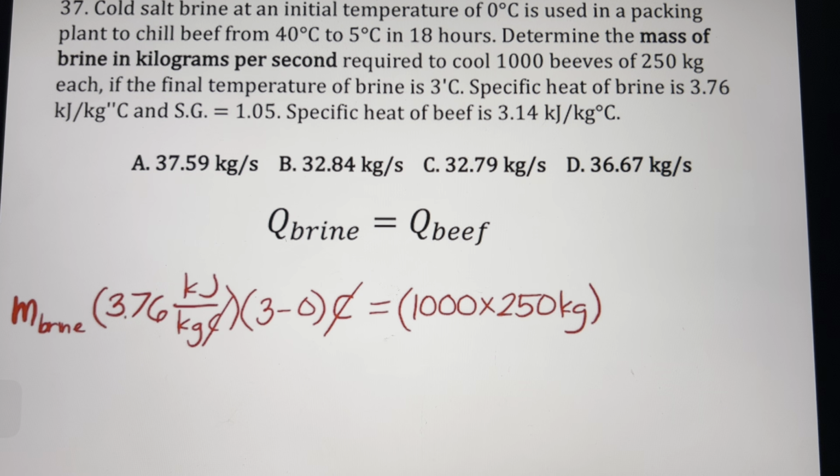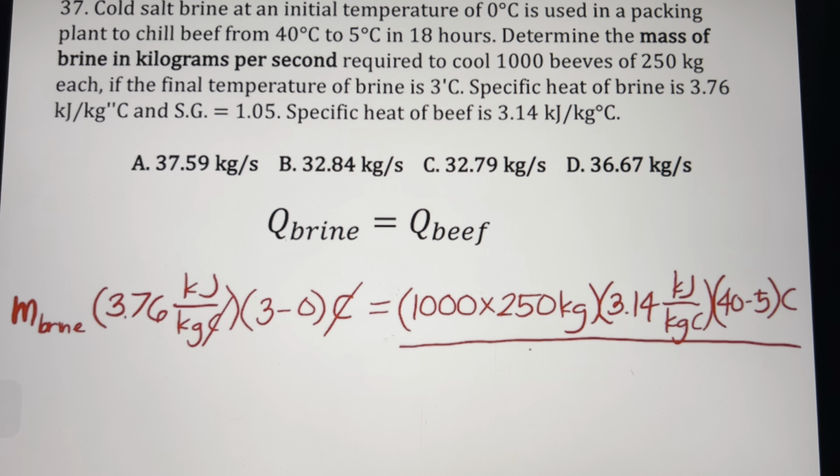For the Cp of beef, that is 3.14 kilojoules per kilogram Celsius. And for our change of temperature, it is required to chill the beef from 40 to 5. And this process goes on in a span of 18 hours. So we must multiply this by 3,600 to make this per second. Kilograms cancelled.